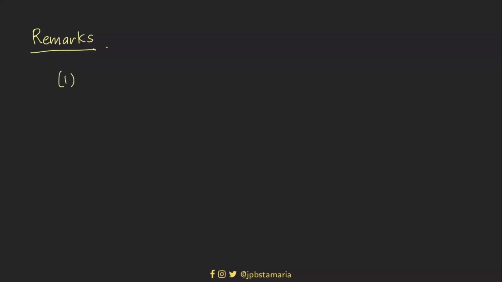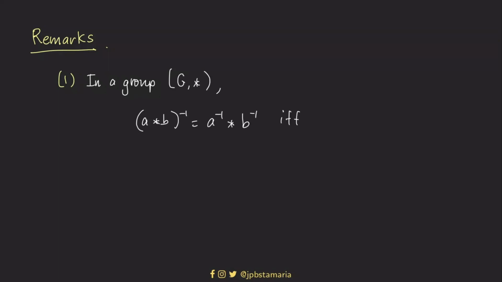Number one, in a group G, the inverse of A times B equals A inverse times B inverse if and only if A times B equals B times A. What you want to happen will happen only if the elements A and B commute with one another.